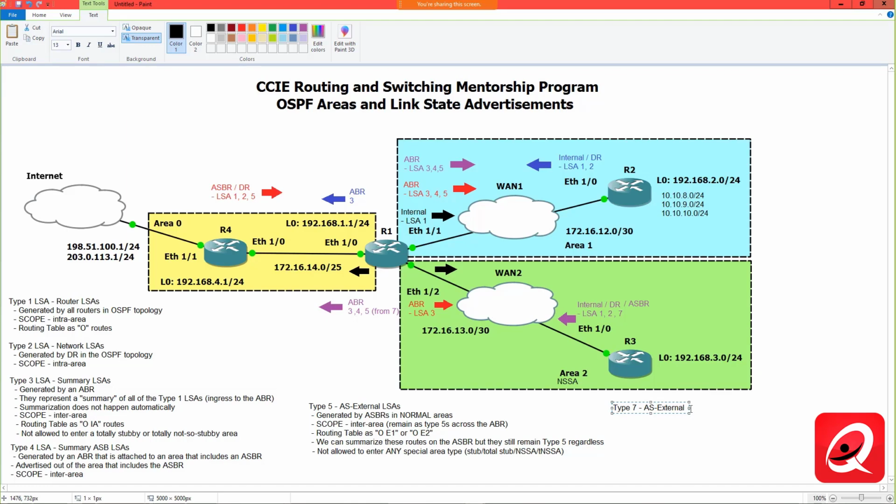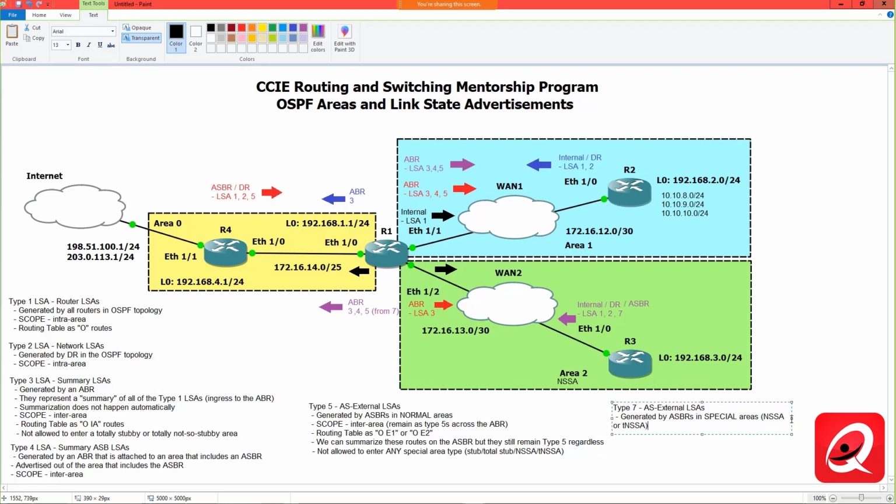And I think I just answered my question from before, which is why do I have Type 5 versus Type 7? All right. These are generated by ASBRs in special area types, and specifically an NSSA or totally NSSA.